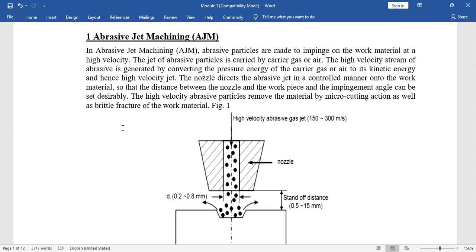The nozzle directs the abrasive jet in a controlled manner onto the work material, so that the distance between the nozzle and the workpiece and the impingement angle can be set as desired. The high velocity abrasive particles remove the material by micro cutting action as well as brittle fracture of the work material.